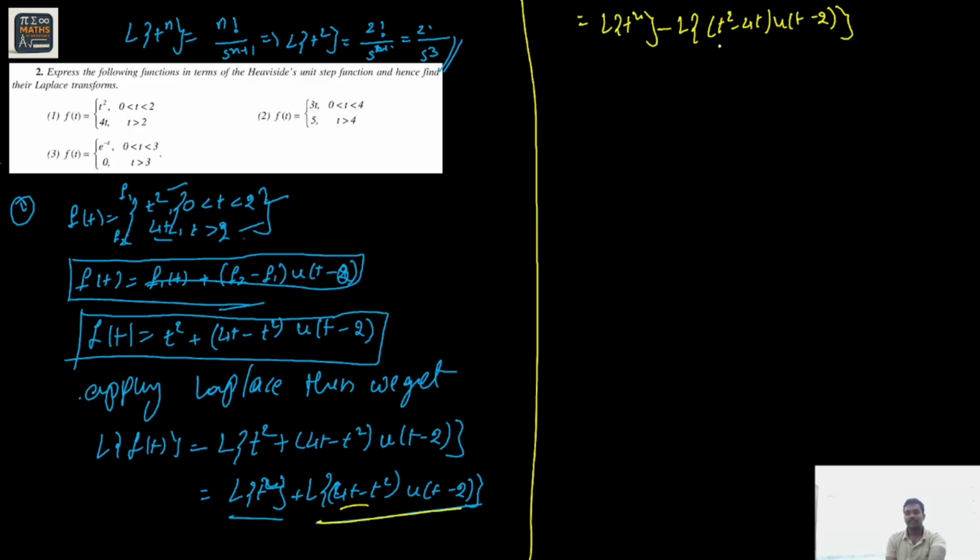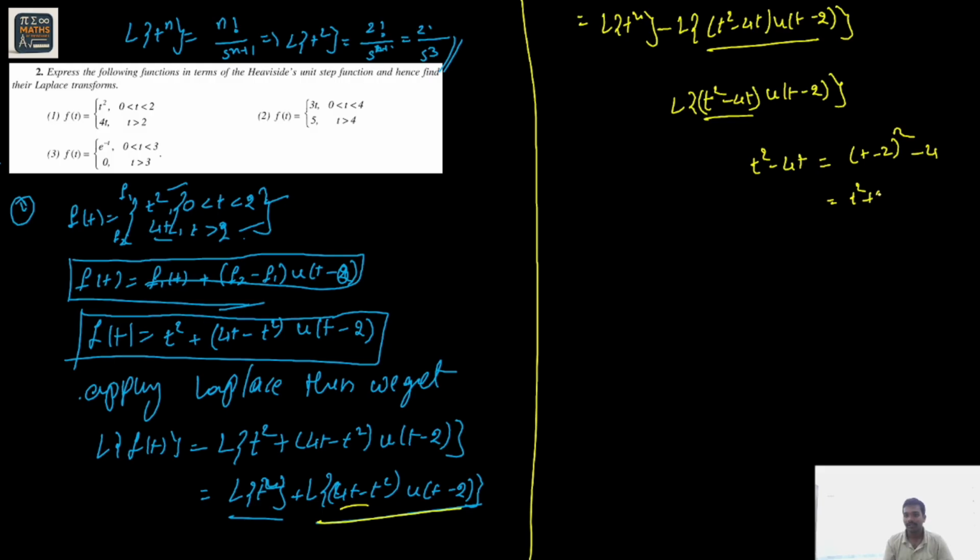First, let's solve this term: Laplace of t square minus 4t into u of t minus 2. This t square minus 4t term can be written as t minus 2 whole square minus 4. Expand this term: t square plus 4 minus 4t minus 4, the 4s cancel, leaving t square minus 4t.